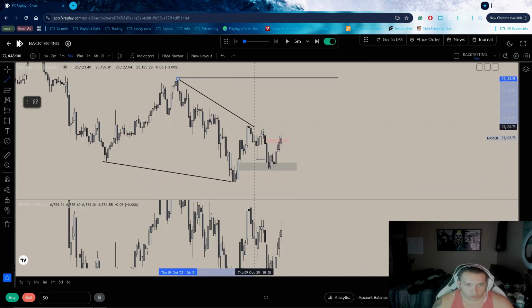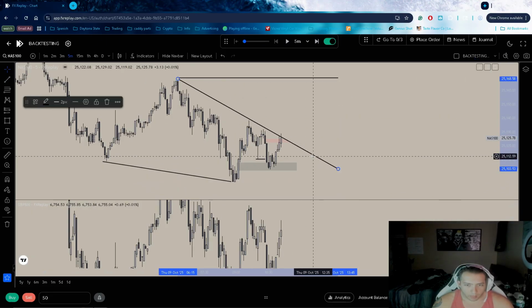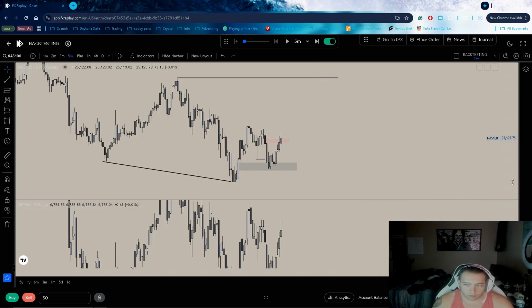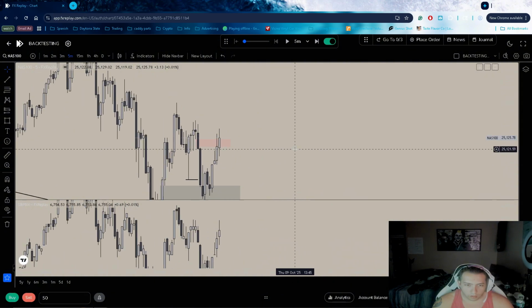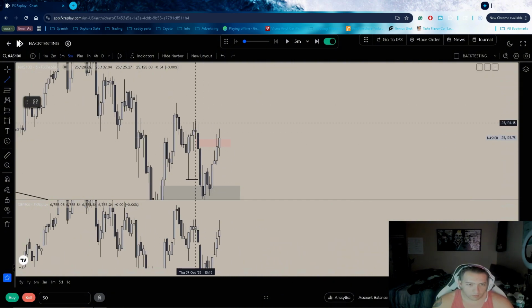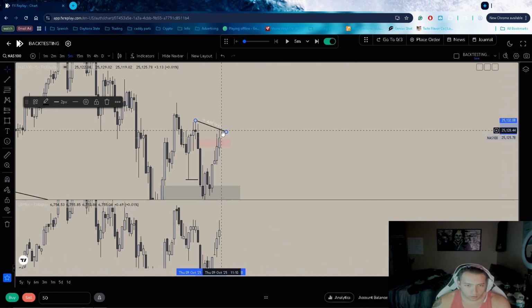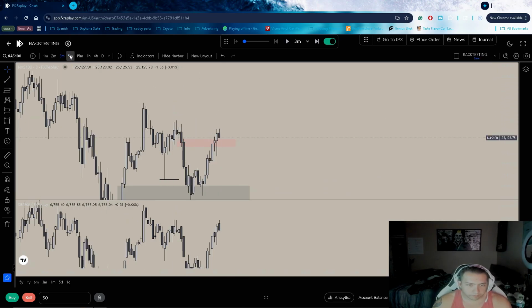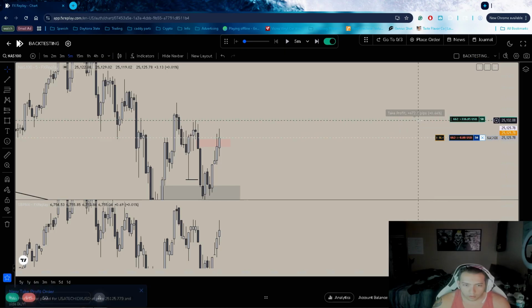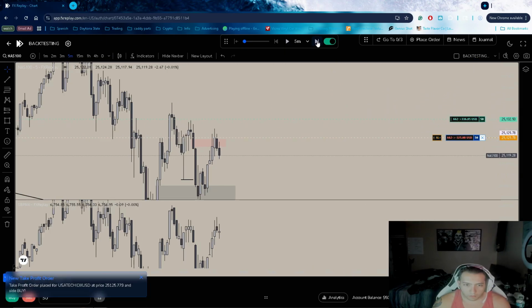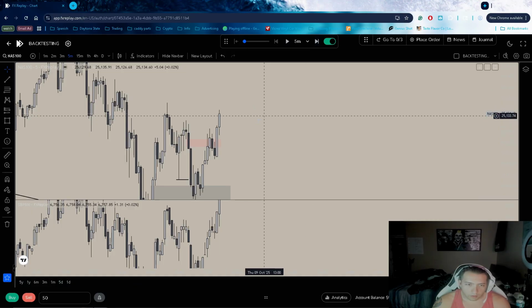This is all generated by sell side, and we haven't had any proper manipulation yet whatsoever. So you could take this SMT right here. You could technically take it. Not the biggest fan of it, but backtesting, take it. It would have played out.